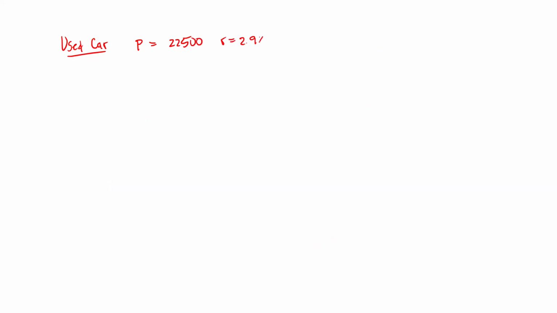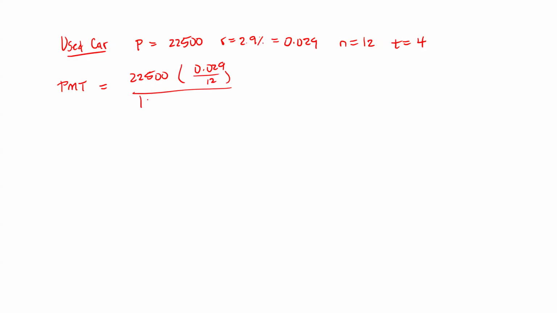R is 2.9%, which is 0.029. N is 12 because we pay it every month. And T is 4. So plugging this into our formula, we'll get 22,500 times 0.029 divided by 12, then 1 minus 1 plus 0.029 divided by 12 raised to the negative 12 times 4.